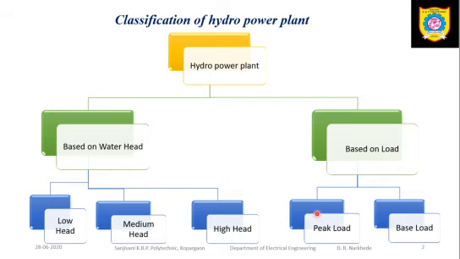In this type of power plant, the same water is utilized again and again by pumping back during the off-peak hours. In a peak load power plant, we operate the plant only during the peak load, normally during evening hours.